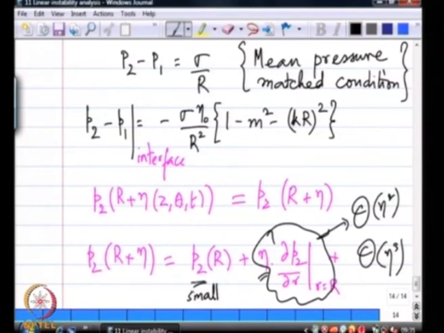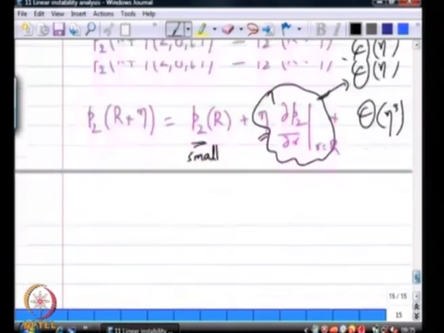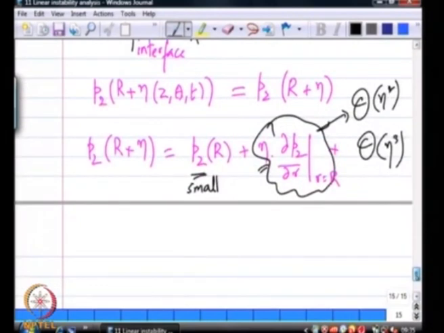To the order into which we are maintaining the fidelity of our equations, which is order epsilon, the pressure field at R plus eta is equal to the pressure field at R, especially since we are only dealing with the perturbation pressure field.